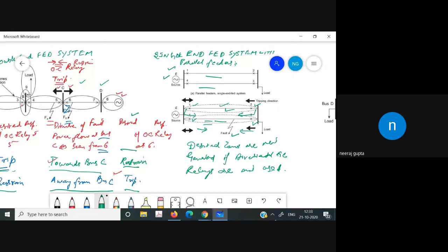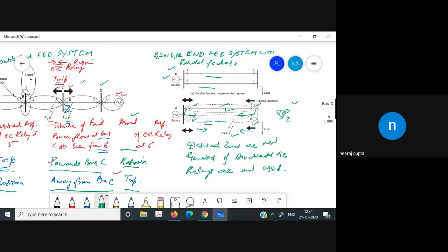Since directional overcurrent relays are costly compared to non-directional overcurrent relays, because in the directional overcurrent relay we also use PTs, which are necessary in that case, as they are based on the relationship between the voltage and the current, the angle between the voltage and the current.